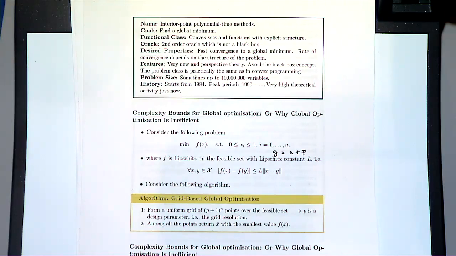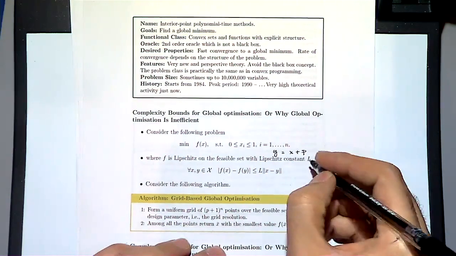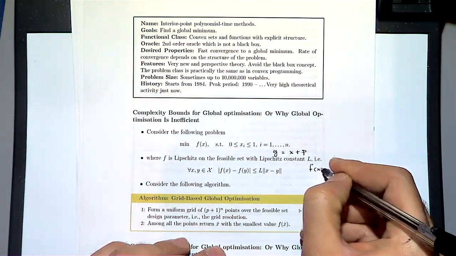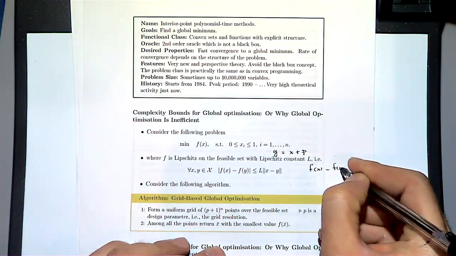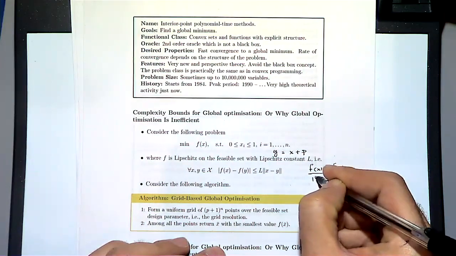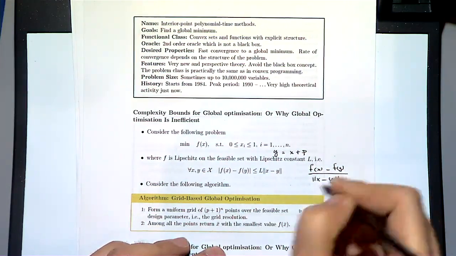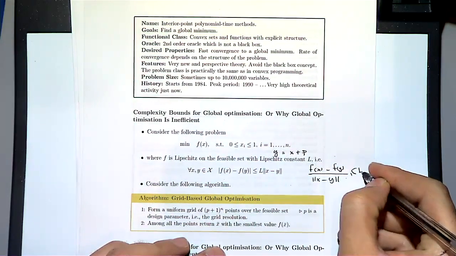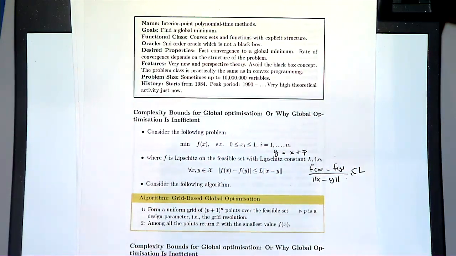It has another interpretation as well. I can have a local definition of Lipschitz or a global definition of Lipschitz. If it's Lipschitz everywhere, I can write it as this, which is the same relationship.